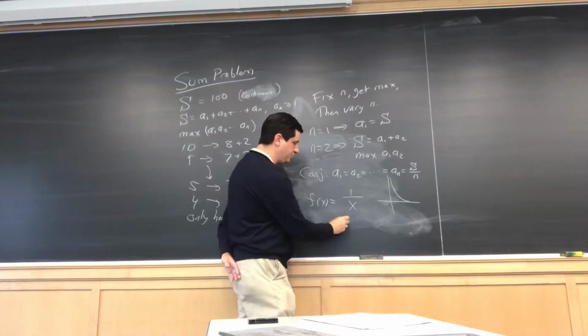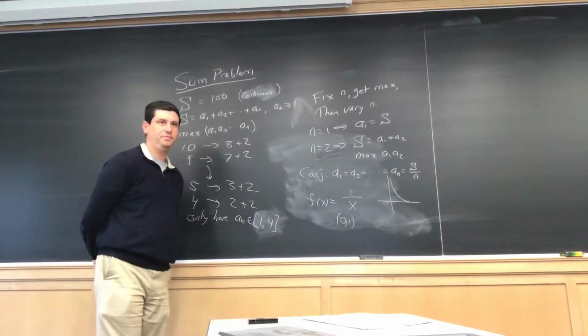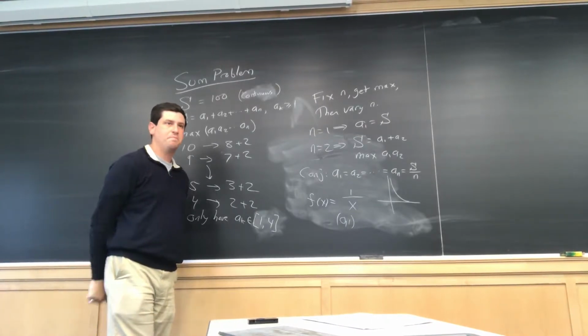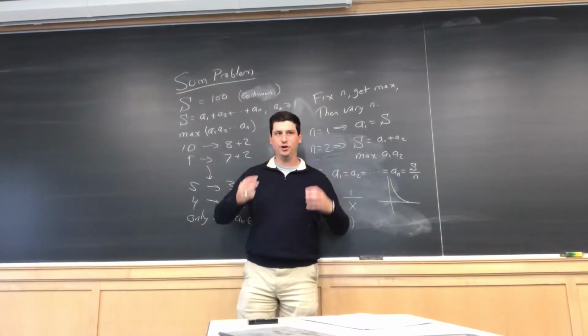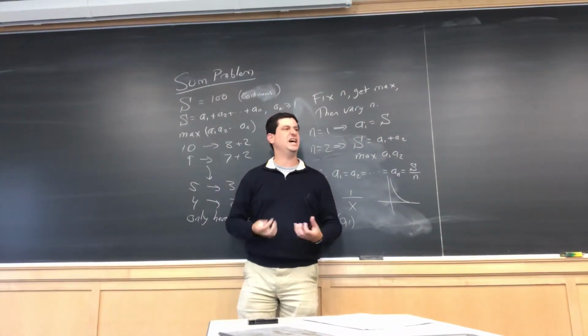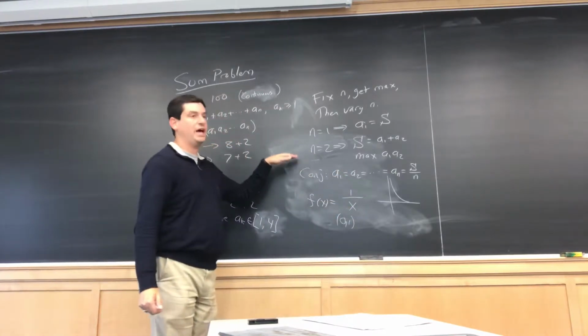And so if I looked at this on the interval 0, 1, this function has no maximum. So not every function is going to have a maximum. The big result in real analysis is if you have a continuous function on a closed compact set, it has a maximum value. And so this problem will have a maximum value.